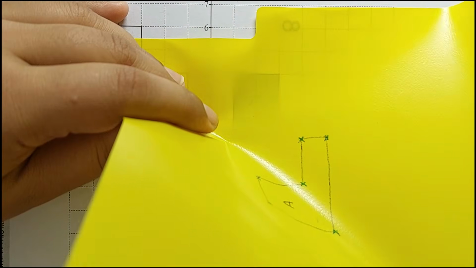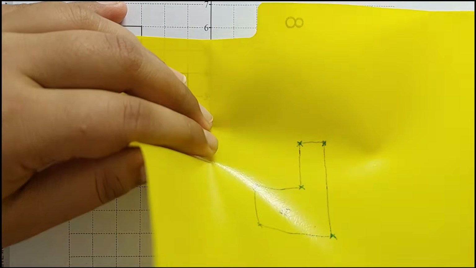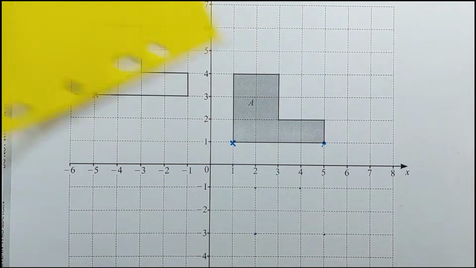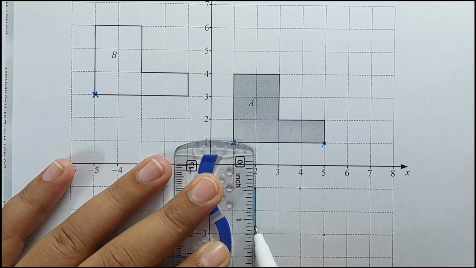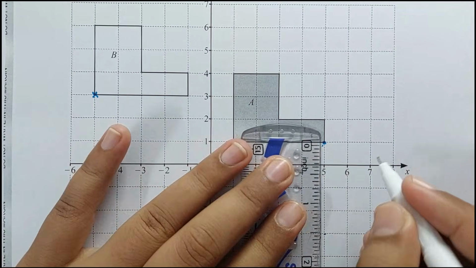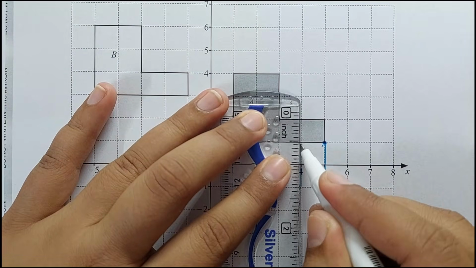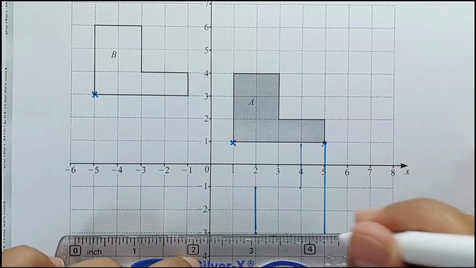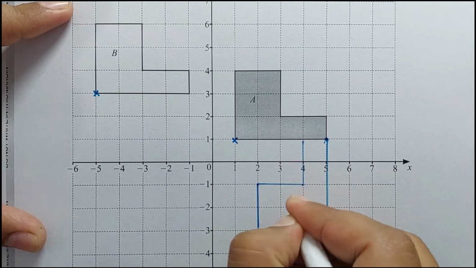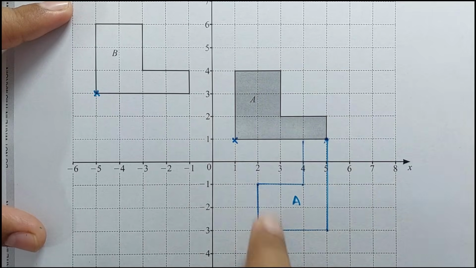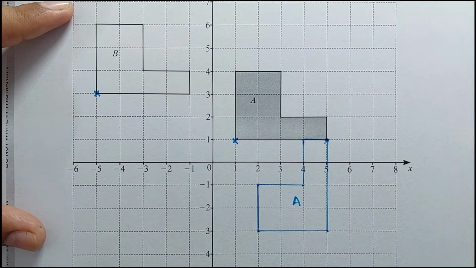Okay, we can say this, these two, and we have this and this. Let me draw the shape. This is how the shape will look like after rotation 90-degree anti-clockwise about the center, which is 5 and 1.